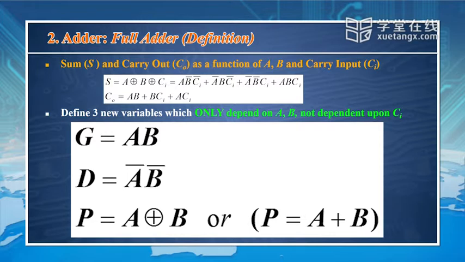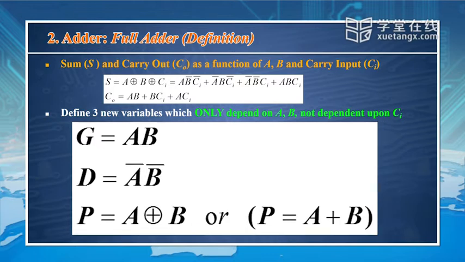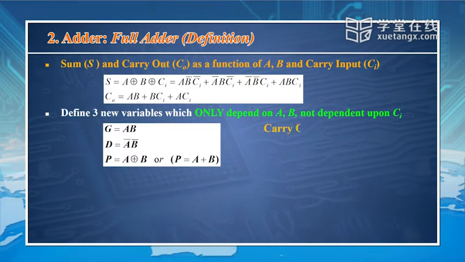And we also have a definition of the carry delete. So D equals A bar and B bar. So when A equals 0 and at the same time B equals 0, then D is true, right? D is equal to 1. So this is called carry delete or carry kill. And also we have the definition of carry propagate.